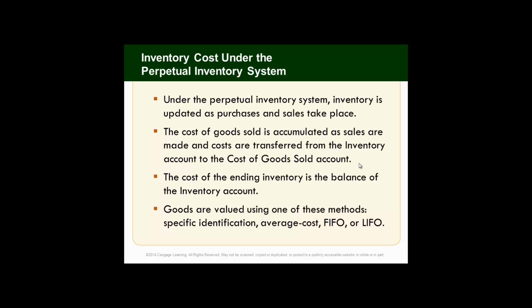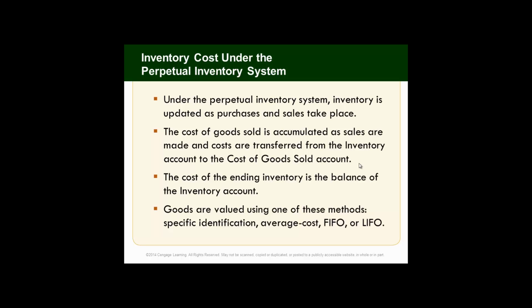So under the perpetual inventory system, inventory is updated as purchases and sales take place. So think of Old Navy, or Walmart, or wherever, most retail shops, when they scan it, it goes out of inventory. Most manufacturing and businesses, besides retail, don't have a scan function.